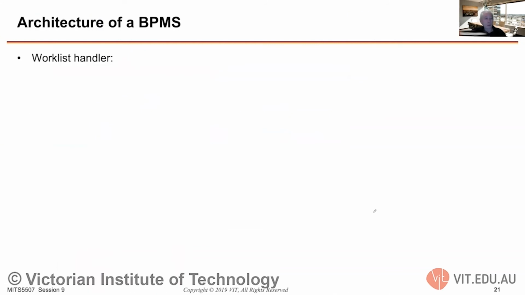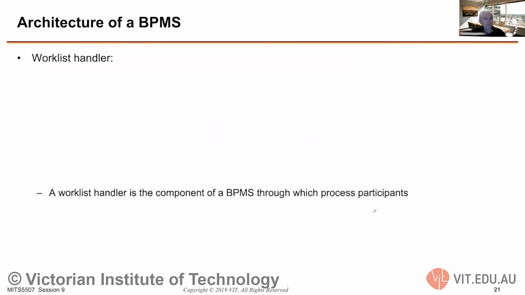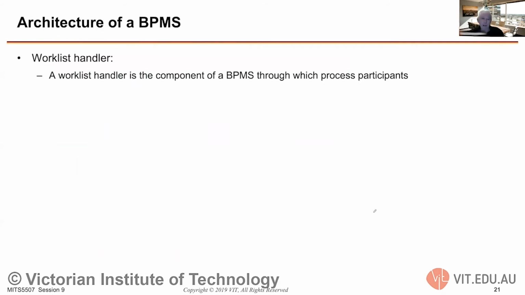Okay, let's look at the Worklist Handler. If you remember the architecture, the Worklist Handler is a part of the BPMS, which processes participants. So when you have a number of resources or participants, in BIMP last week it called them resources. We had credit officers, we had clerks.